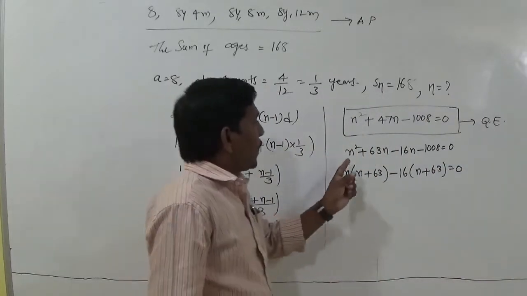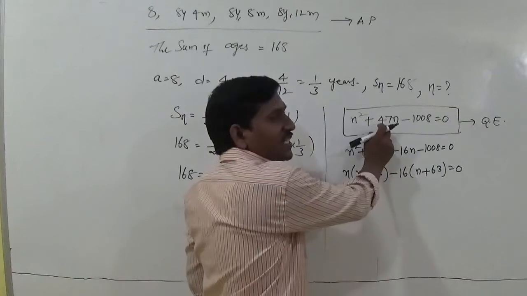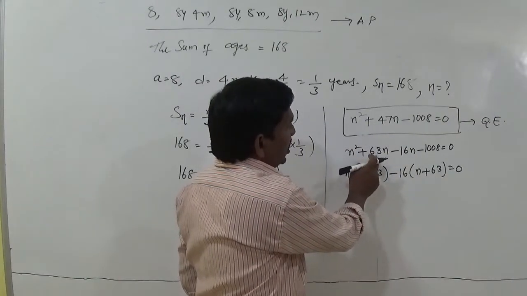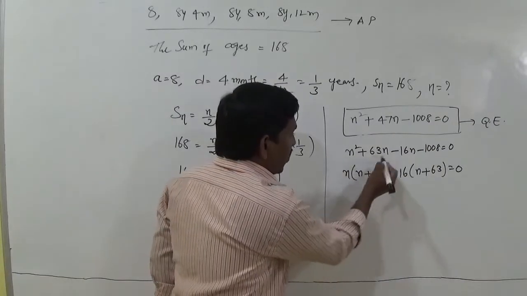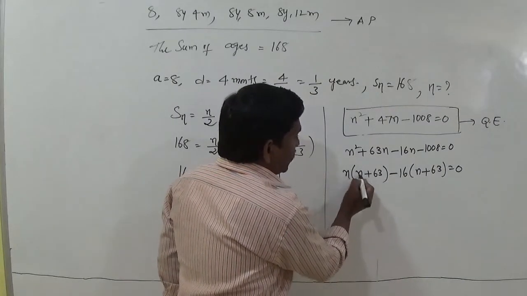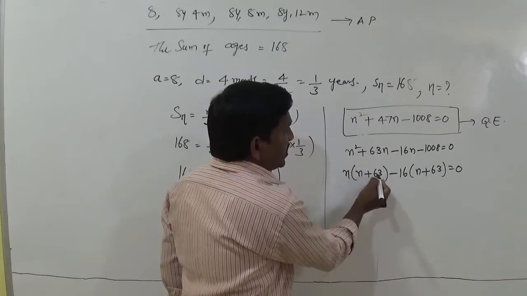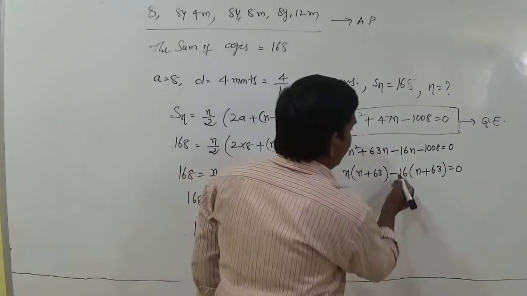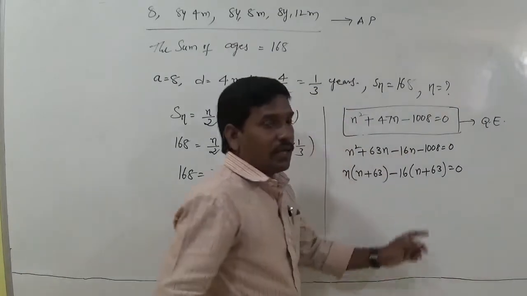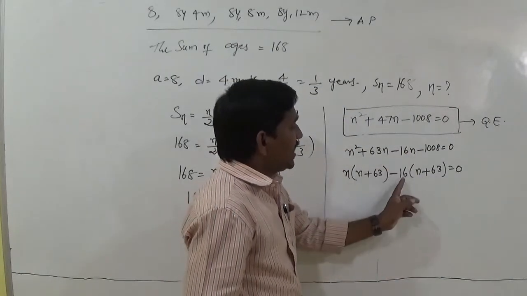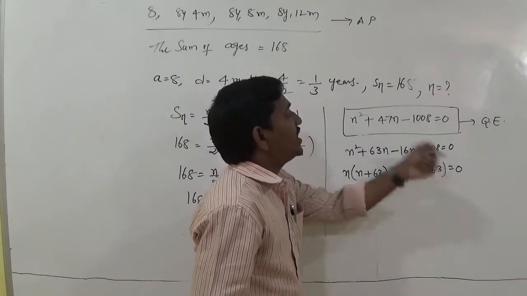Look at once. The middle term 47n is written as 63n minus 16n. Here n is the common term, n into n plus 63, minus 16 into n plus 63, which gives 1008.